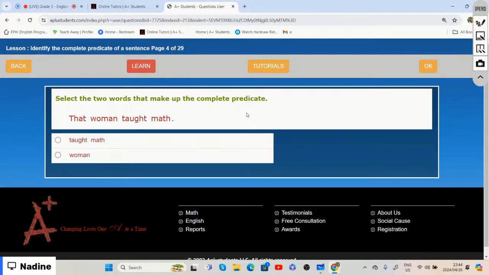The woman taught math. We need to select the two words.